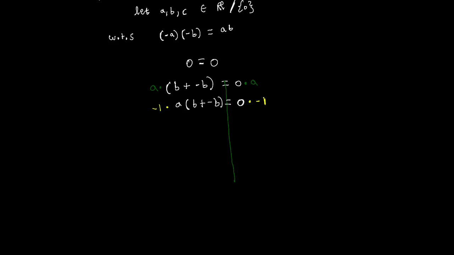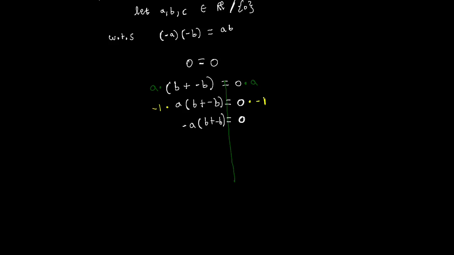So now I have -a, I'm just going to write it as -a, b plus -b equals 0 times -1. Again, due to the zero product property, I'm going to get 0. And here I should point out that -1 times a is -a due to the multiplicative identity, that anything times 1 is itself.